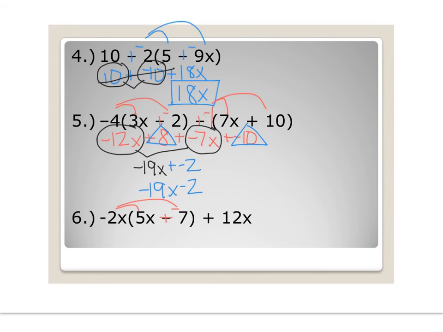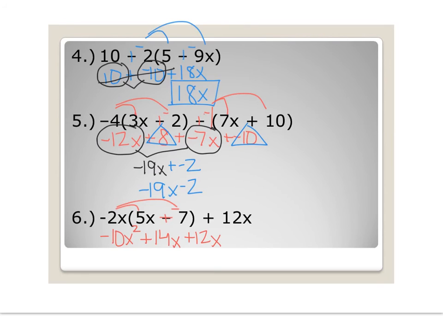So I'm going to end up with a negative 10x squared. When you're multiplying, you add the exponent, so it becomes x squared. Plus negative 2x times a negative 7 is a positive 14x. And then plus 12x at the end.